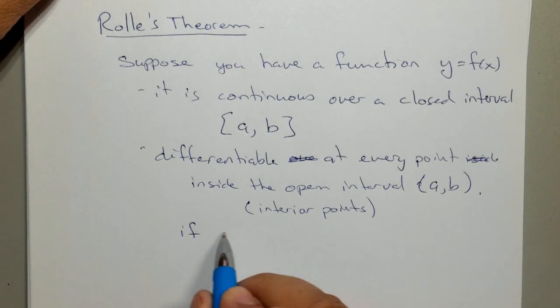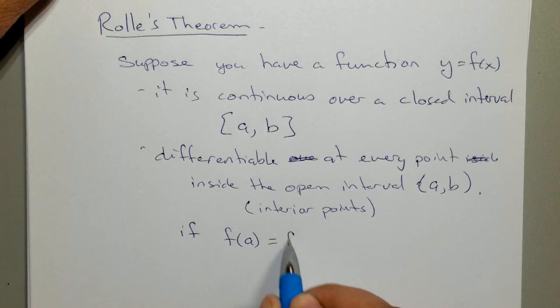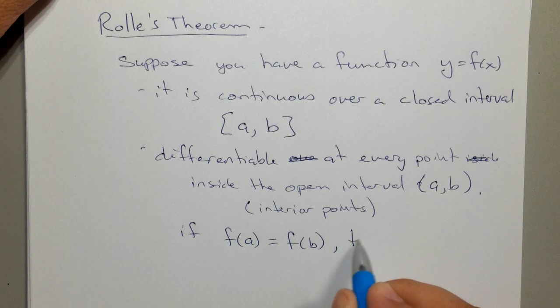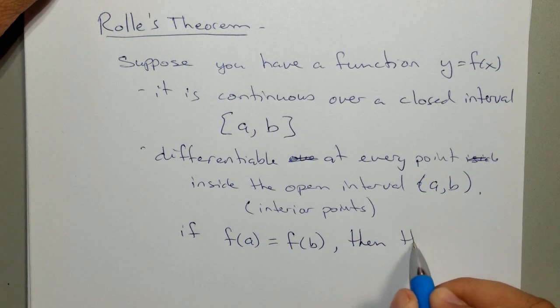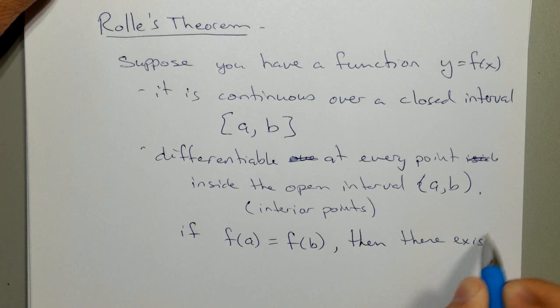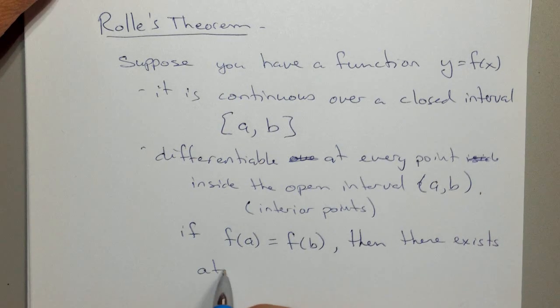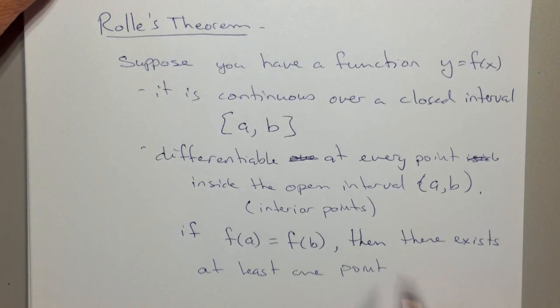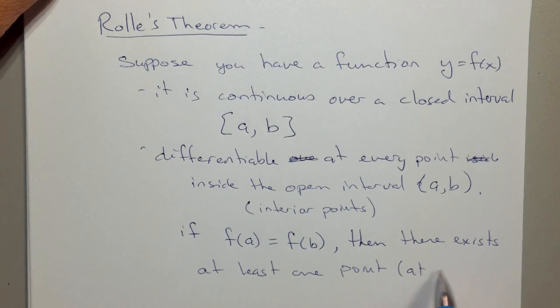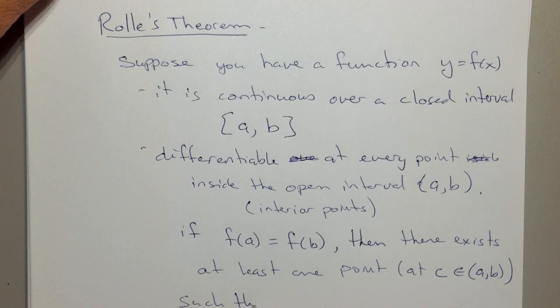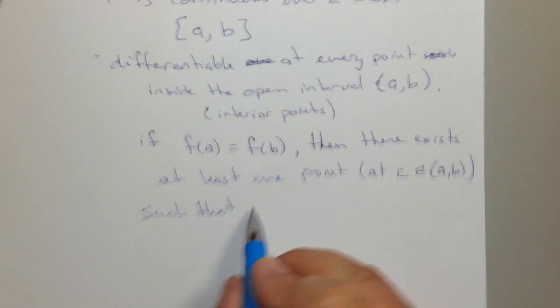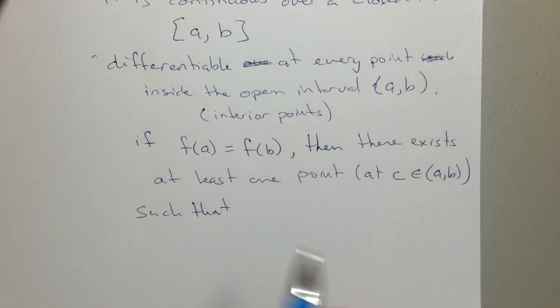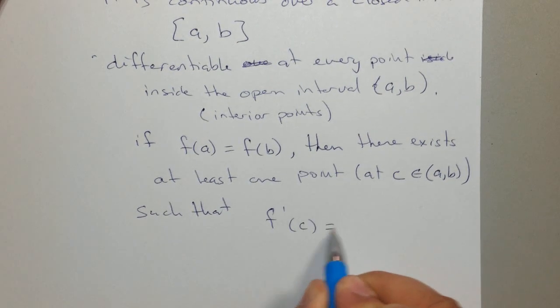But here it is. If f of a equals f of b, there exists at least one point c, which is inside the open interval (a, b), it's an interior point, such that f prime at c equals 0.